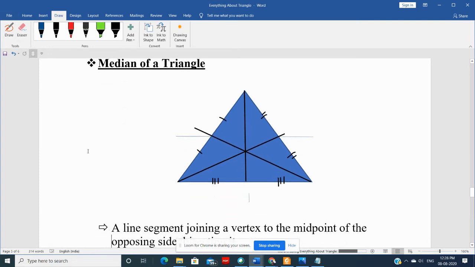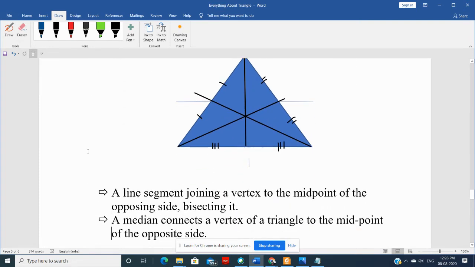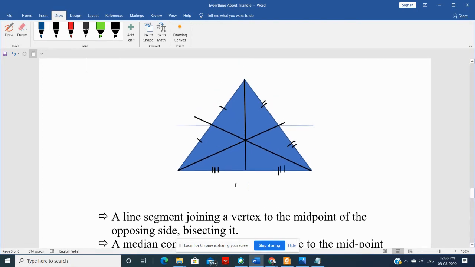See, what is the median of a triangle? A line segment joining a vertex to the midpoint of the opposite side, and not only that, it is bisecting it. If we look at this figure itself, this is a line segment.